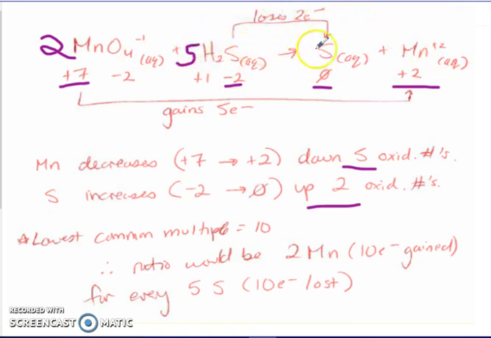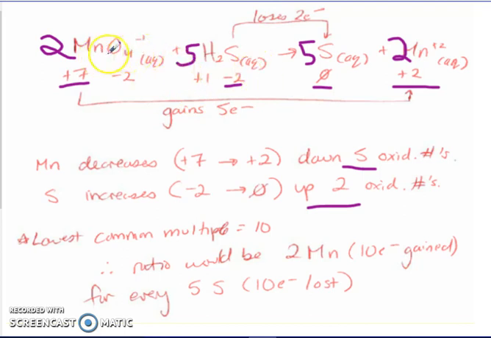If we have 5 sulfur here, we would need a 5 in front of the sulfur on the product side. 2 manganese, we would need a 2 in front of this manganese ion. So what we've done right now is we've balanced out the charge change. We now have manganese that's going to lose 10, and we have sulfur that is going to gain 10.